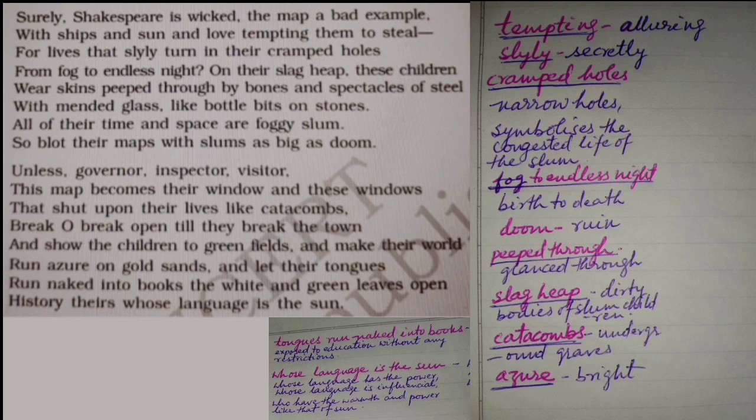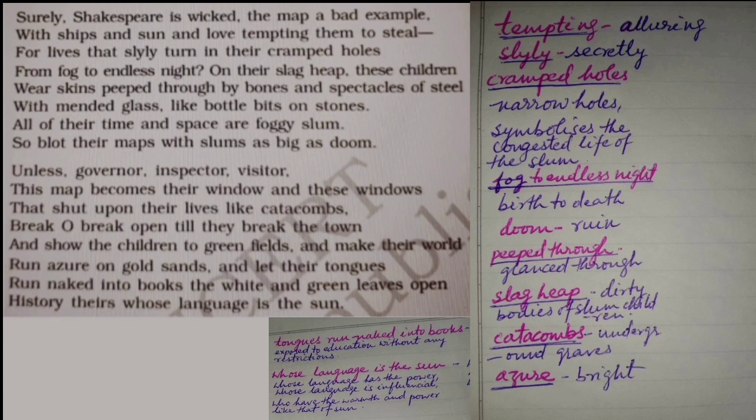So it is not only immoral but also irresponsible to provide them a glimpse of those things which they cannot attain in their life. That's why the poet calls Shakespeare wicked and the map a bad example.